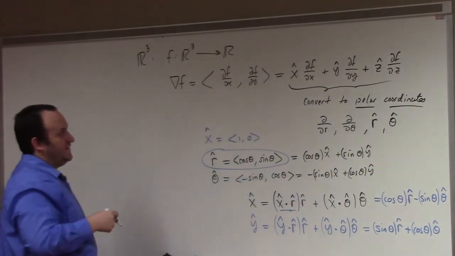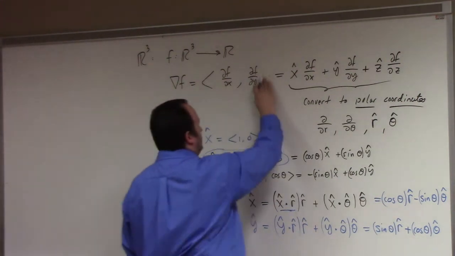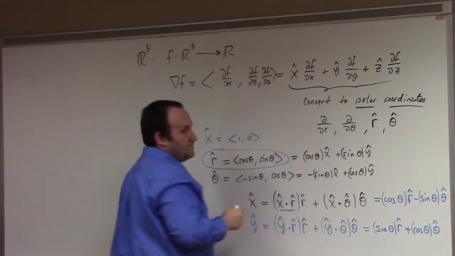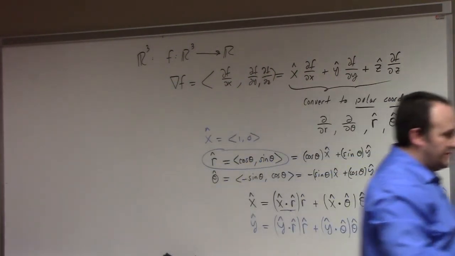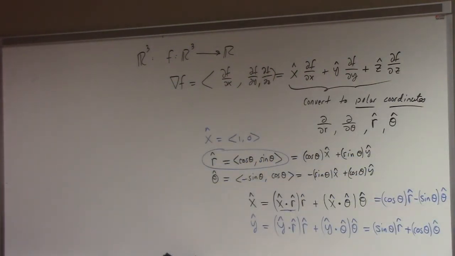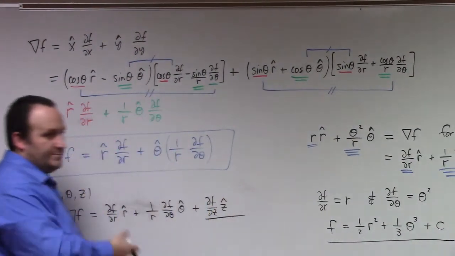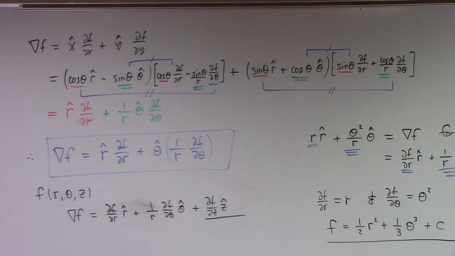Plus the z hat partial f partial z. That's the gradient in 3 dimensions for a function of 3 variables. So the same calculation to go through. We just also have a partial f partial z hat term here. That's the gradient in cylindrical coordinates. In spherical coordinates, some weird stuff happens.